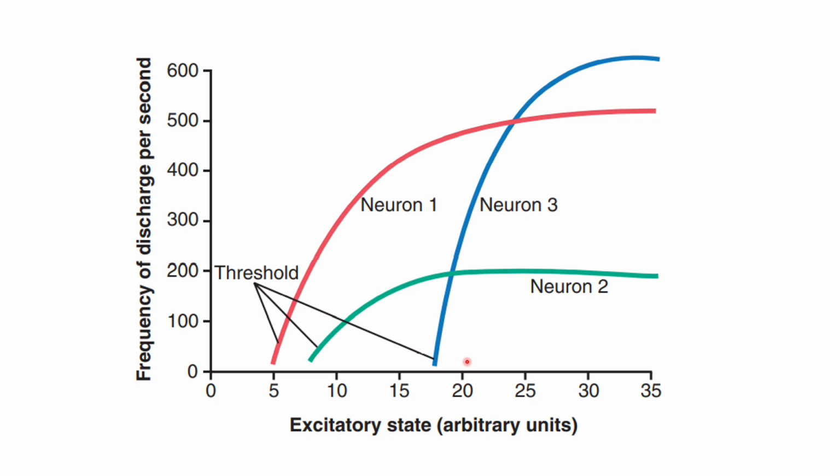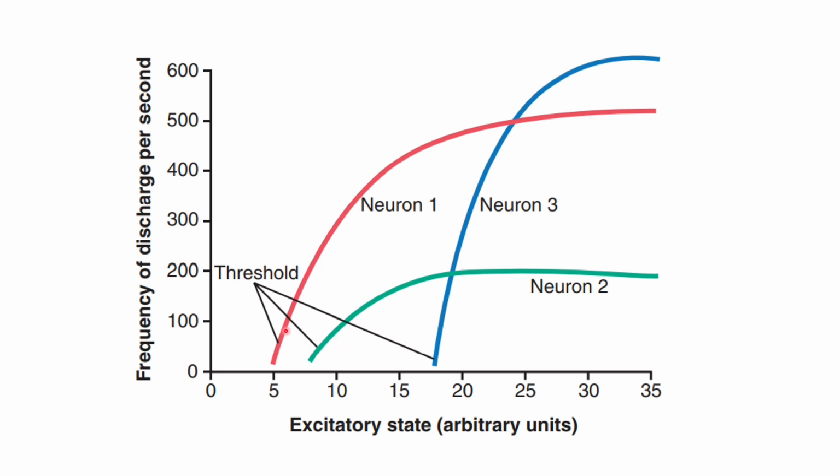Sometimes I need these types of neurons to fire almost continuously, so they will have a very low threshold for generating action potentials. Sometimes it is better for a neuron to send more frequent action potentials, to have the ability to increase the frequency of discharging these action potentials. For example, you can see the red one is neuron 1, the blue is neuron 3, and green is neuron 2.